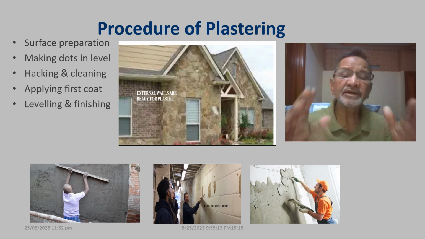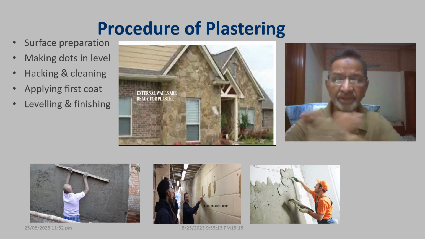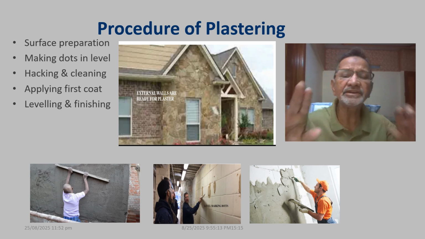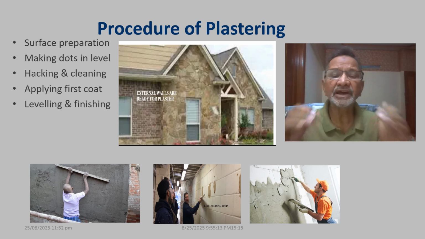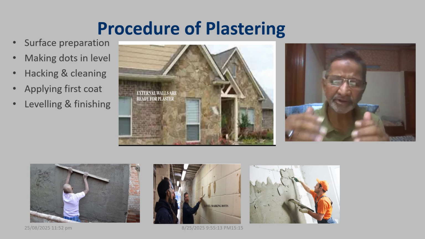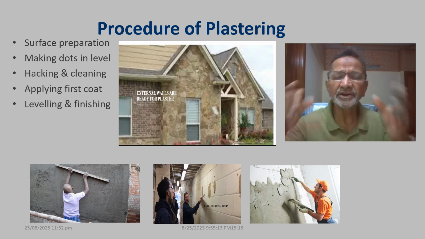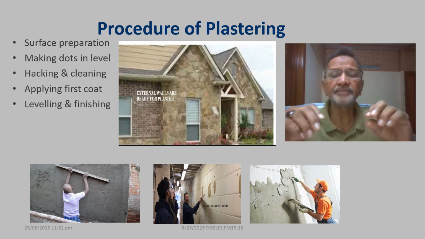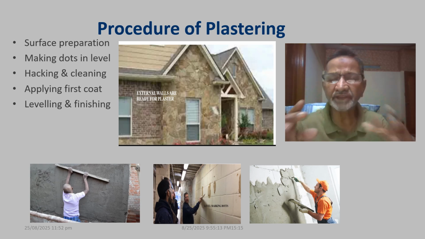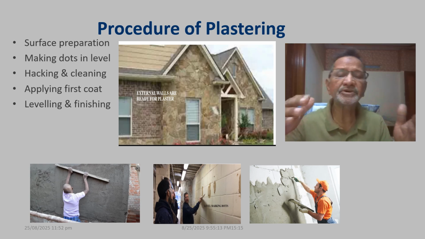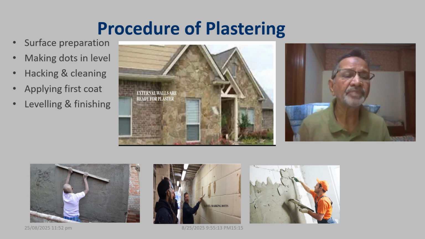Then you can see that the surface is neat and clean for doing the plaster, and it gives better grip, because if external particles, dust or oil have accumulated in the blockwork or brickwork, it has to be cleaned.